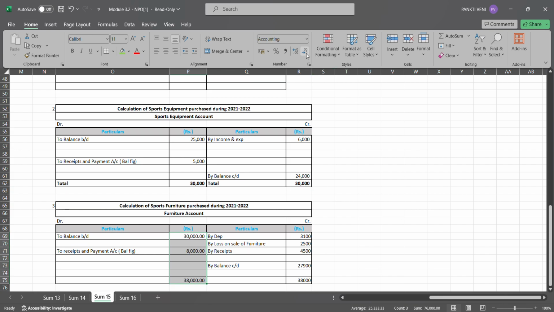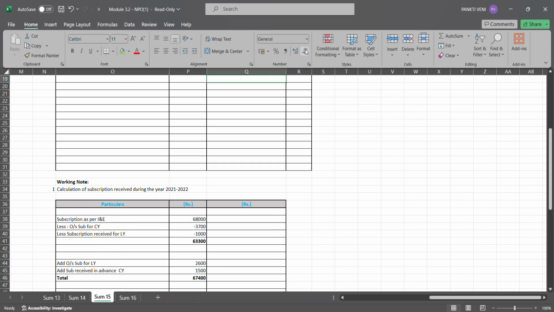I have removed my loss. If it is a profit, I'll add the profit. So the selling price is 7,000. From there I removed the loss. They have given me the loss in the income and expenditure account. So I've removed that loss to get the actual figure at what price they have made the sale.